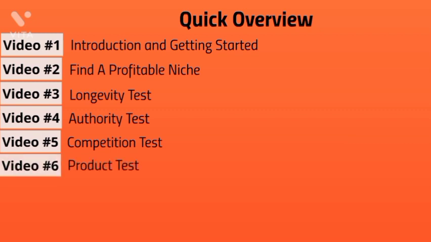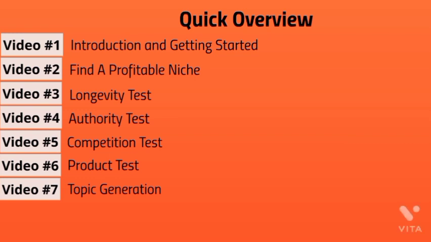And video number 6, we're going to talk about the product test to make sure that everything is going to be profitable for you in the long run. Because the worst case scenario is you jump into a niche that has a high demand, but it's not necessarily profitable.